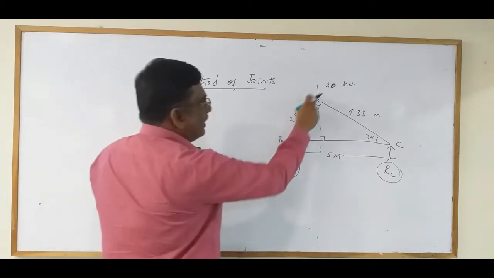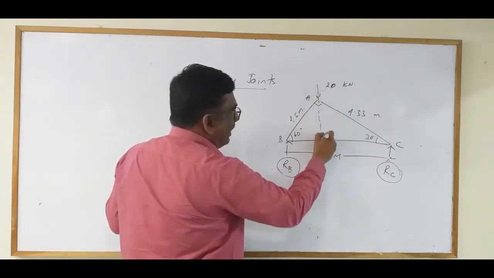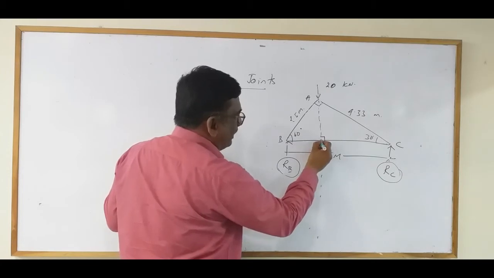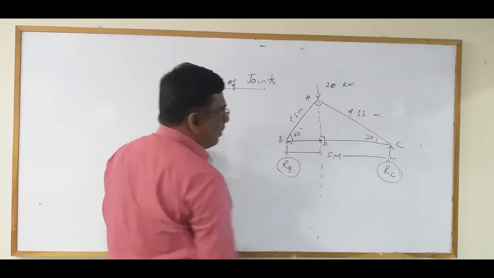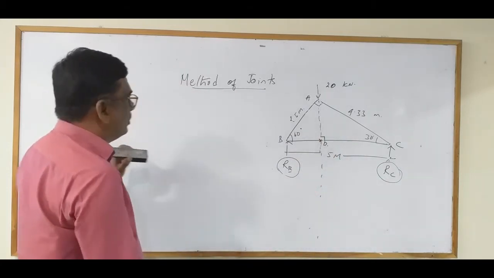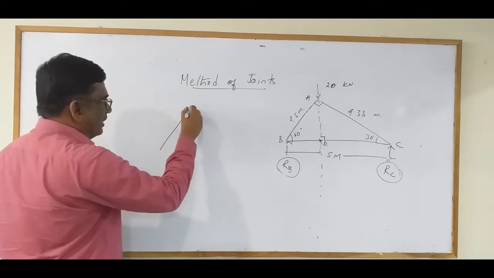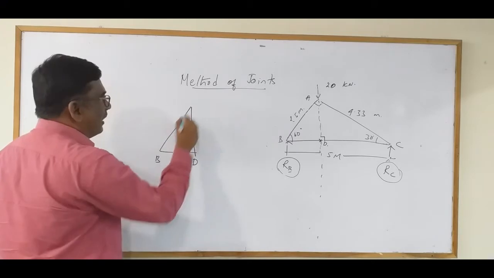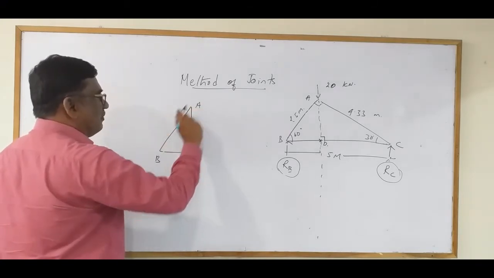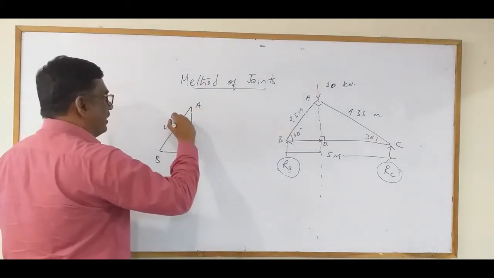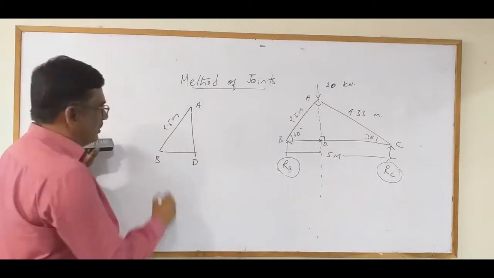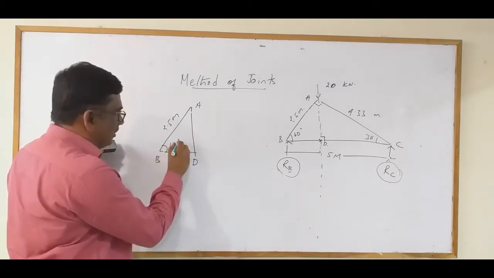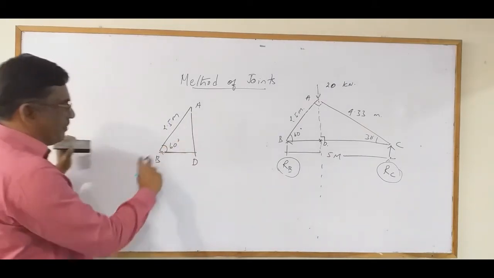So when you drop a line, one point comes here. This is point D. So the triangle becomes like this: this is D, this is B, and this is A, and this we know is 2.5 meter. So this is 60 degree. Now find out the value of BD.